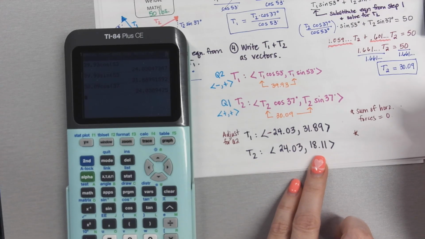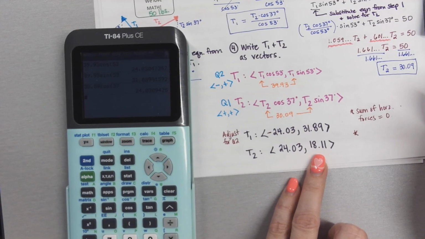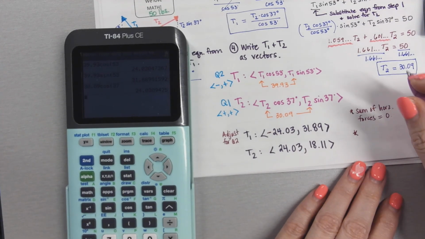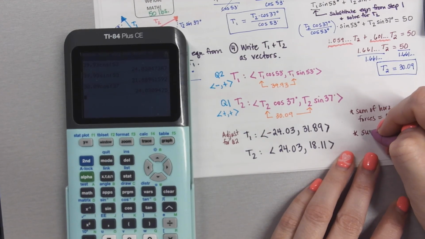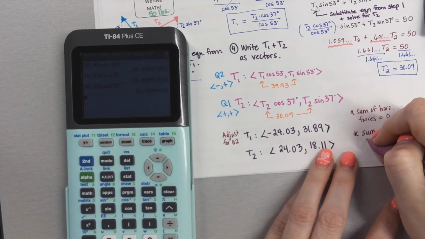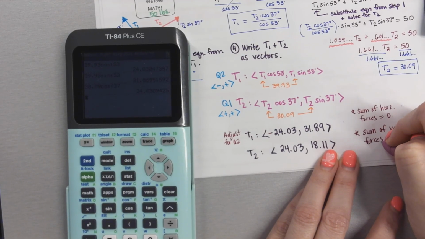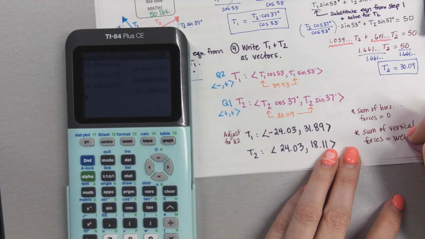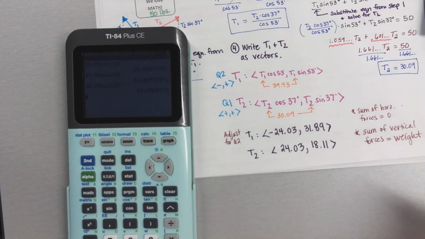What do you get when you add them together? You can say it. I know it somewhere inside you. 50, right? It's 50 pounds. So the sum of your vertical forces equals the weight. That will always happen.